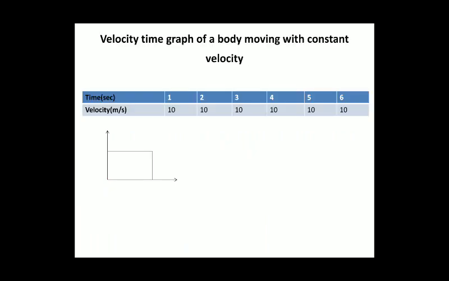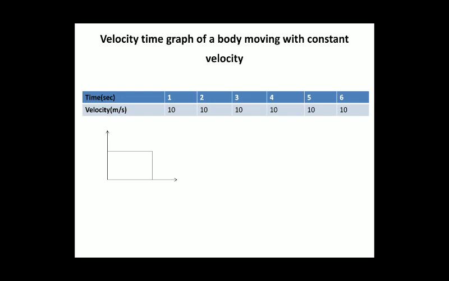Now, let us take one example. Velocity time graph of a moving body with constant velocity. If you observe this table, time in seconds is given, 1 second, 2 seconds, 3, 4, 5 seconds, and velocity, what we are observing in this table, is that at every instant of time the velocity is the same, that is 10 meter per second.